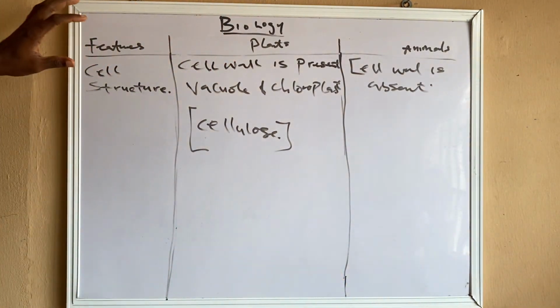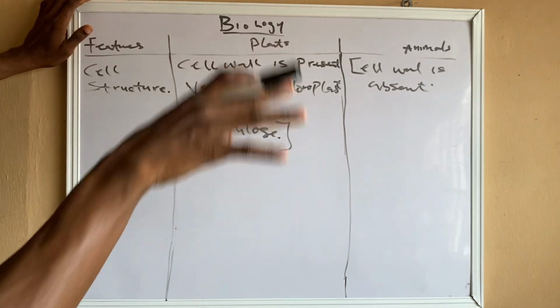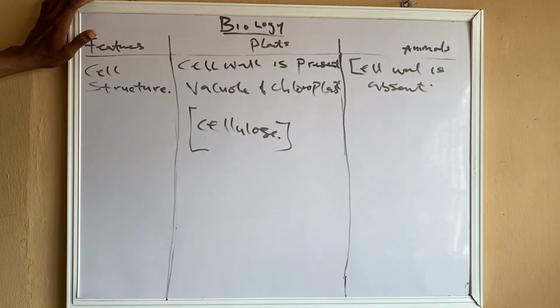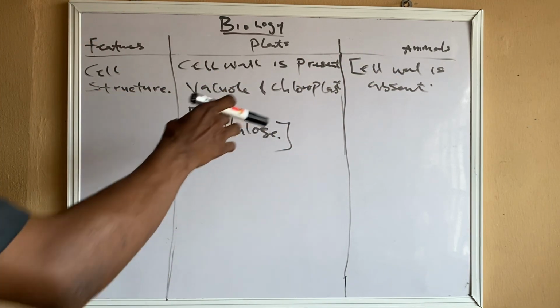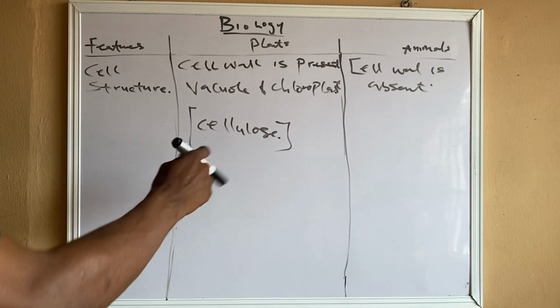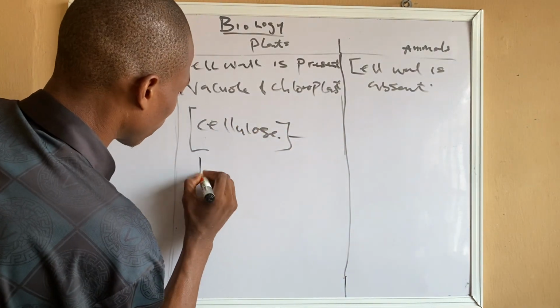Even if we might see an element of a structure, it is still different. Cellulose is a polysaccharide in nature.